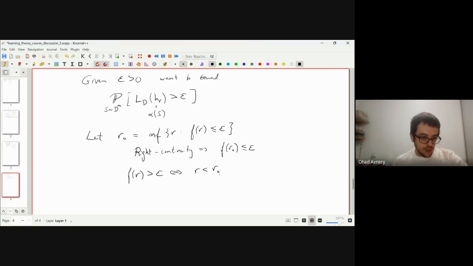And then the probability that S is a bad set, that is the loss of alpha S is greater than or equal to epsilon, is equal to the probability that R of alpha S, the radius of the hypothesis, is less than R0.